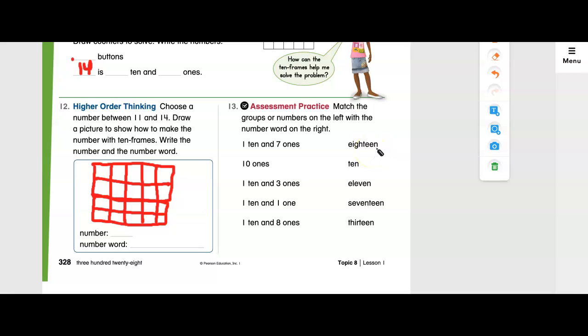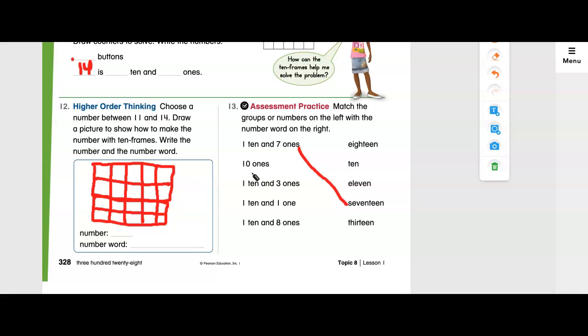My choices are 18, 10, 11, 17, 13. 1 10 and 7 ones is the number 17. As you are reading through your clues on the left column, you will match them to the number word on the right side.